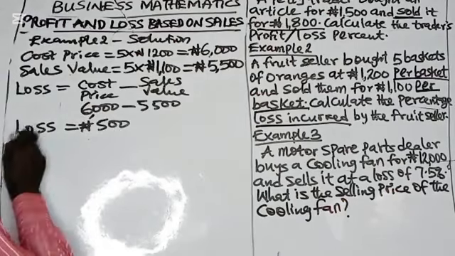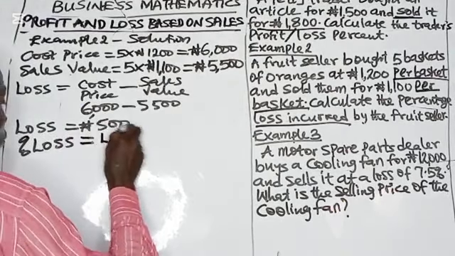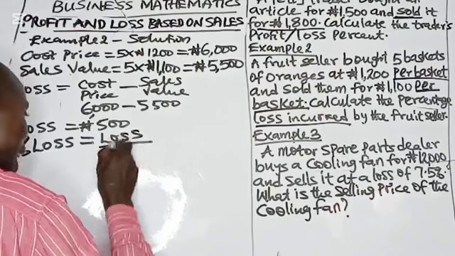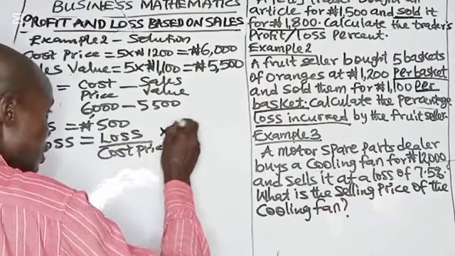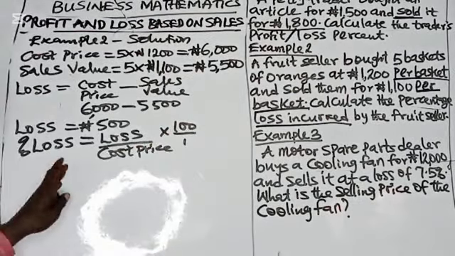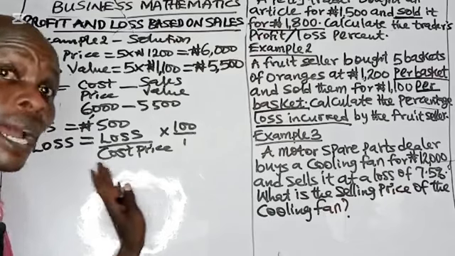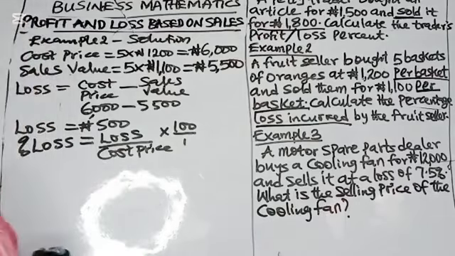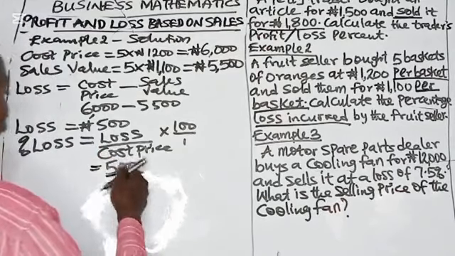Therefore, percentage loss, I said, equals loss over cost price. If you look at both cases, whether it is percentage profit or percentage loss, the denominator must be cost price. You don't have selling price in any. So loss amounted to 500 over how much is the cost price?